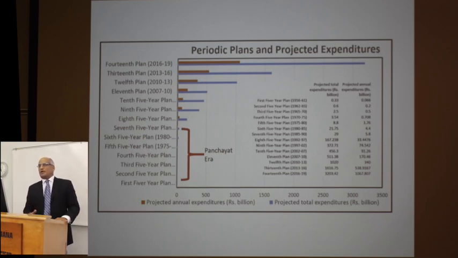For example, the 7th 5-year plan had annual expenditures of 5.8 billion rupees, which has now increased to over 1,300 billion rupees annual expenditure.